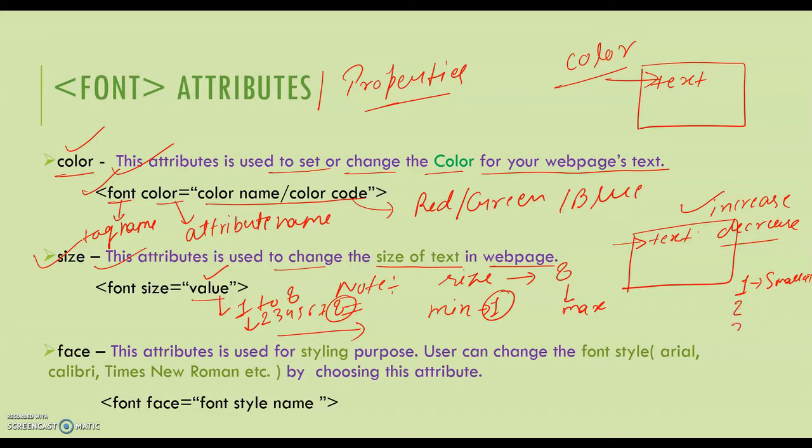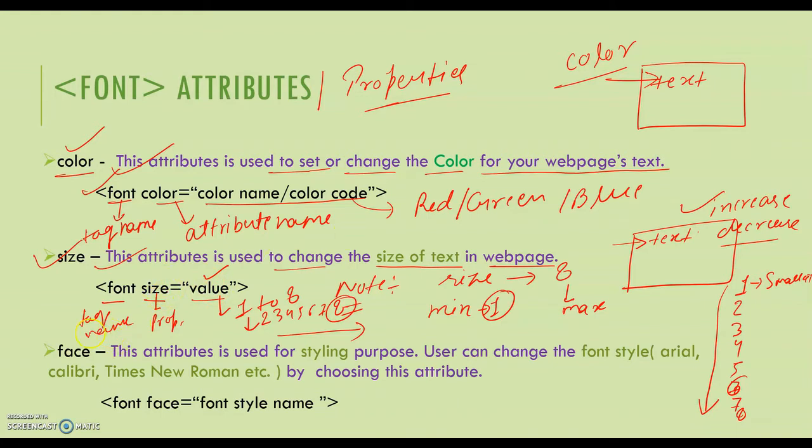After that 2, 3, 4, 5, 6, 7, and 8, so the size will increase in this order. So this is your tag name, attribute, and tag name. This is the property name, and this is the value of this attribute or property.